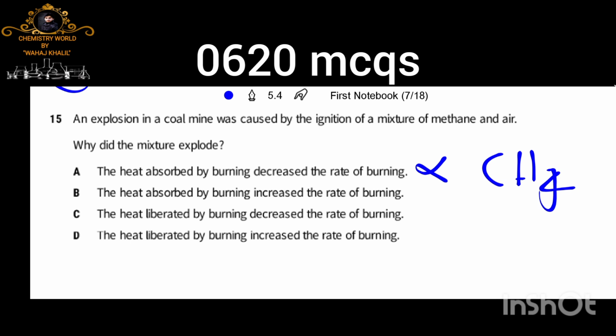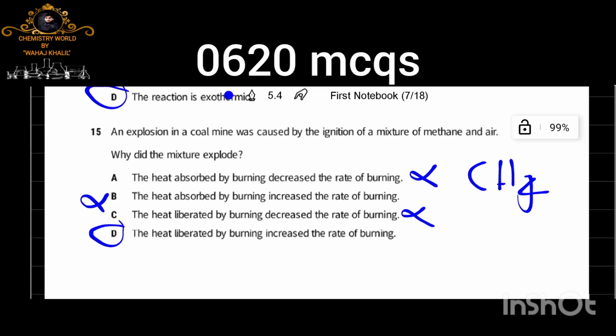The heat absorbed by burning increased the rate of burning. Heat is not absorbed in that kind of reaction. The heat liberated by burning decreased the rate of reaction. Here also, a decreased rate of reaction is not right. So option D: the heat liberated by burning increased the rate of burning. Yes, that's right. So option D for the MCQ number 15.